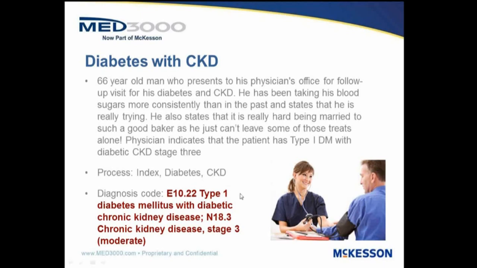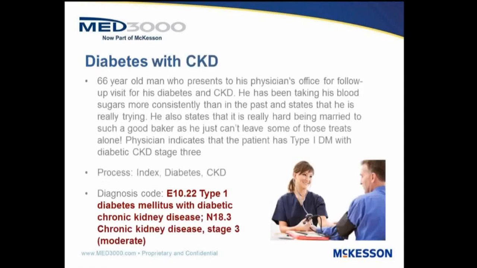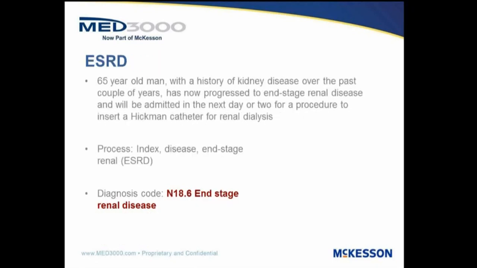So again, from the documentation, from lab test results, and from the physician, we would see that, and then we would also have to code our N18.3, which does specify the chronic kidney disease, CKD, and it would be stage 3, which is moderate. So you would have to have those codes.